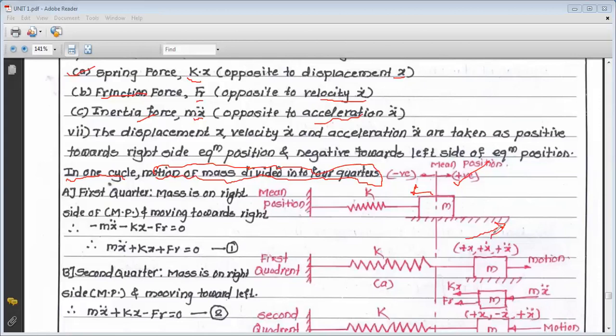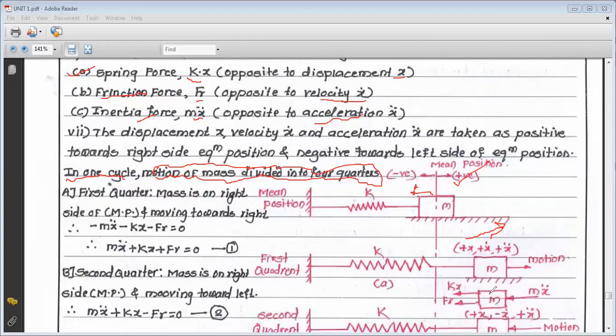So what are the forces? Spring force is opposite to displacement, so it is in the left hand side, that is kx. Similarly, the frictional force is opposite to velocity, and velocity is to the right, so Fr is in the opposite direction. Similarly, inertia force is opposite to acceleration, and acceleration is on this side. So all these three forces are in the left hand side.